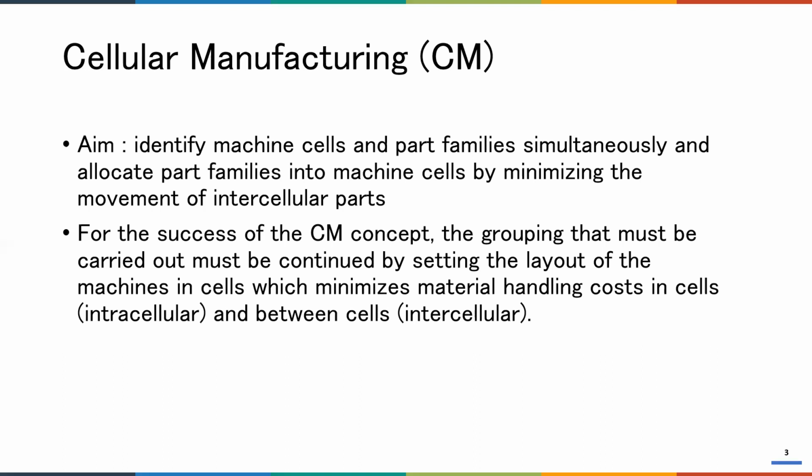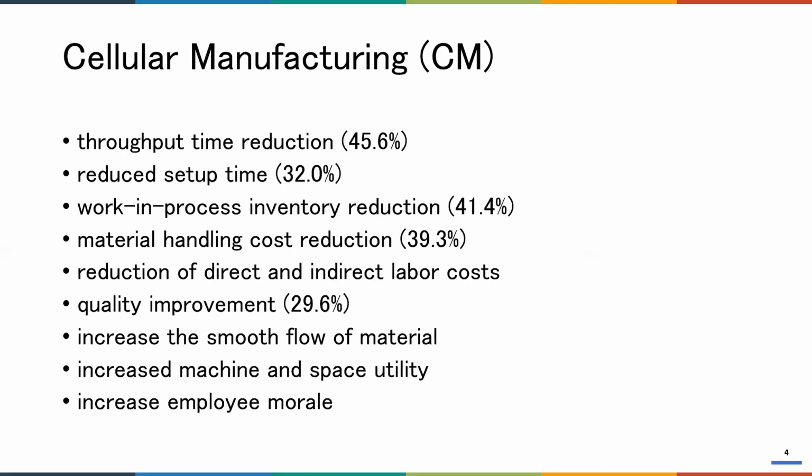So the CM, or cellular manufacturing, can be called successful if and only if the new layout can reduce the material handling cost and reduce the movement, whether inside the cell, between machines inside the same cell, or between cells. I will talk about what intracell and intercell mean later. And according to the literature, the use of cellular manufacturing can help reduce several things in our facility, including the throughput time, the setup time, and the work-in-process inventory.